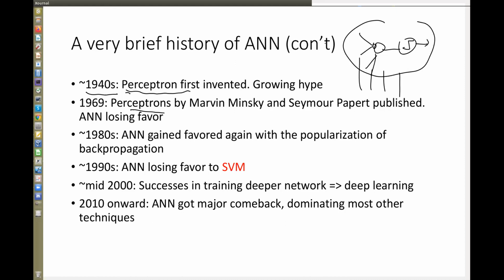The criticism says that there are some functions the perceptron model cannot emulate. But by the way, that criticism is actually not entirely correct. They have a footnote there, an assumption, and based on that assumption you cannot model everything, but usually people are not very careful with the fine print. Also, because the area started in the 40s, it started with lots of hype.